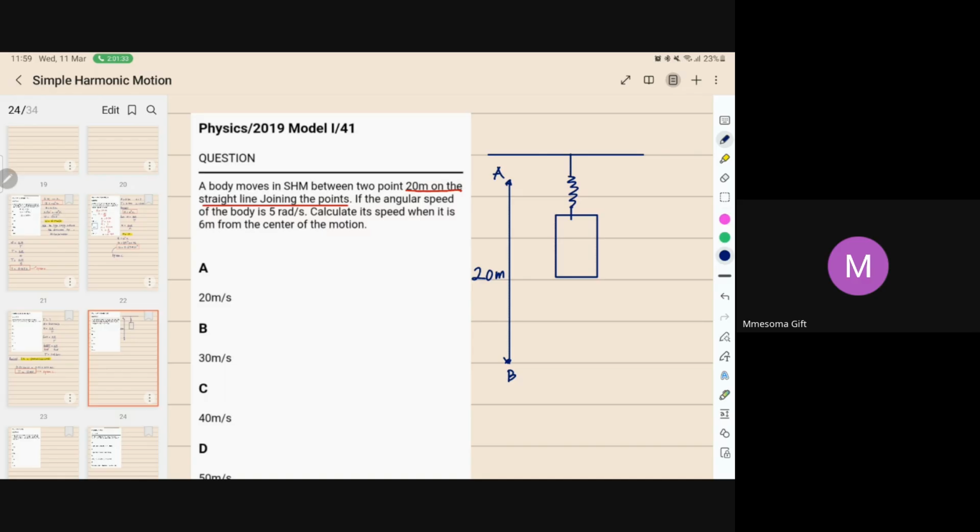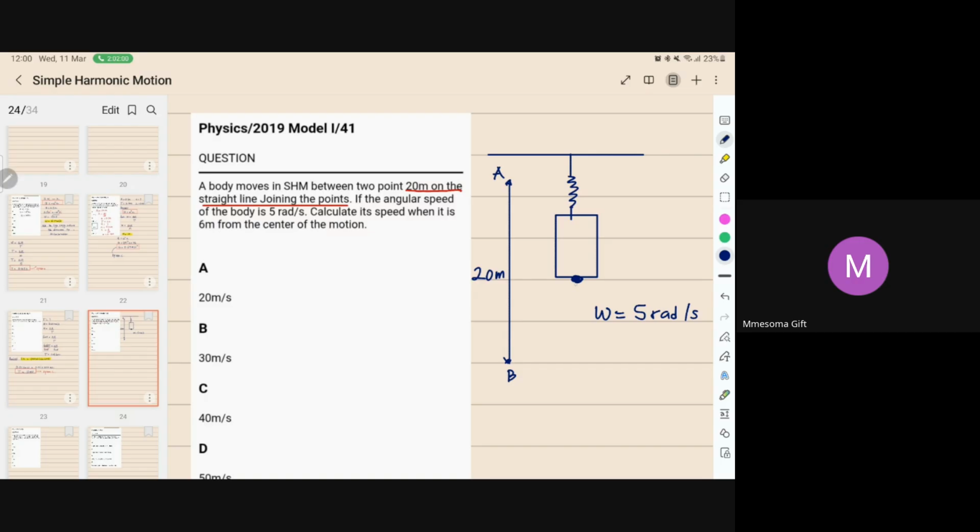So if the angular speed of the body is 5 rad per second, so now angular speed omega is equal to 5 rad per second. Calculate the speed when it is 6 meters from the center of motion. Let this place be our center of motion at equilibrium. Are we together now?